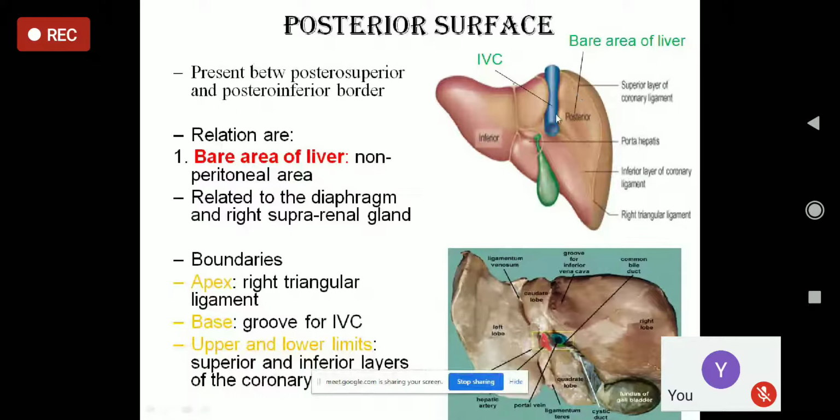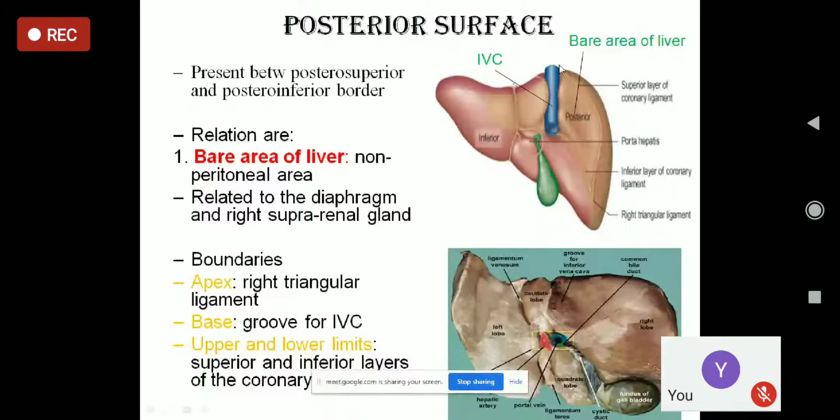What is the boundary of the bare area? We'll put a pin in the bare area and ask in the spotters what is this area and what is its boundary. Then you have to say its apex is formed by the right triangular ligament.